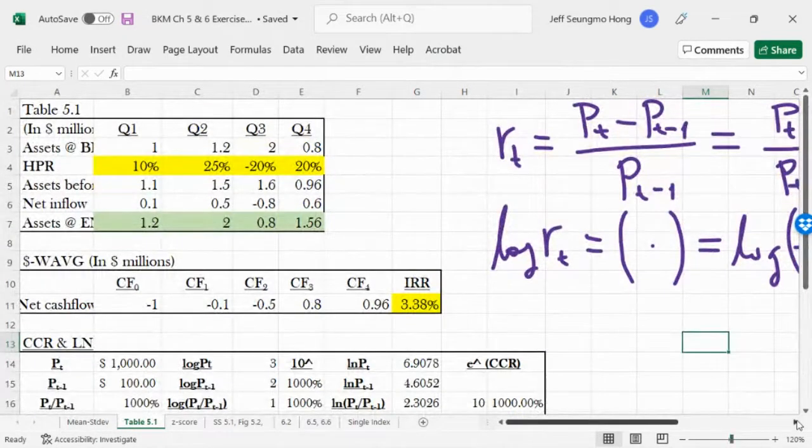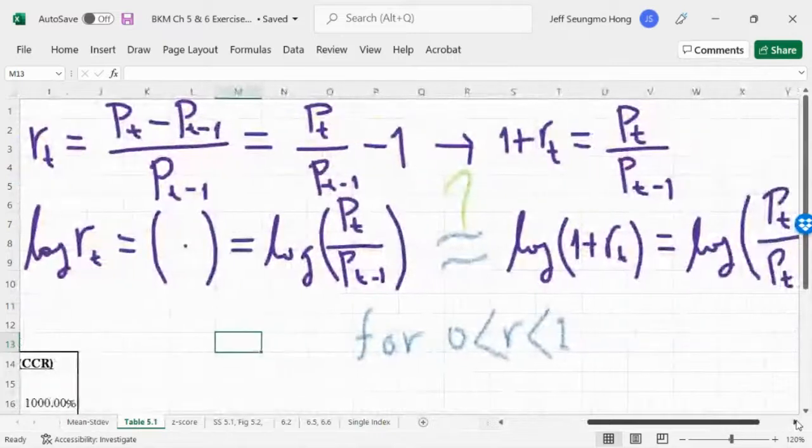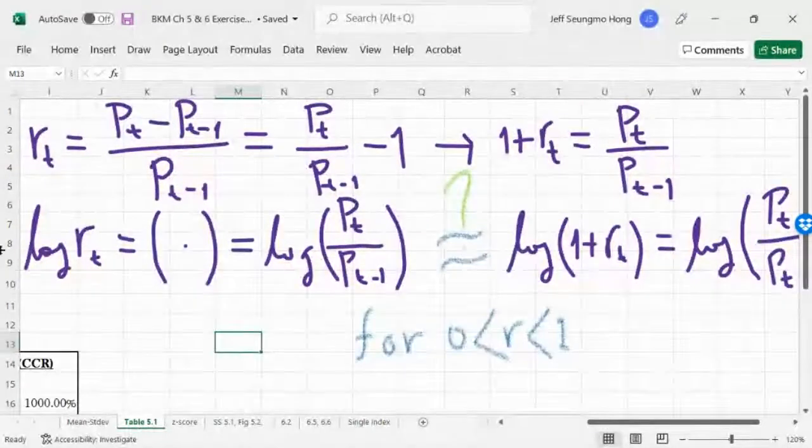I reproduced it here. This is how you find return in discrete time, but in continuous time, you'll have to take the natural log. So if you take the log of the left-hand side, you have to do the same thing to the right-hand side. Oh, I forgot to put log. So let me.